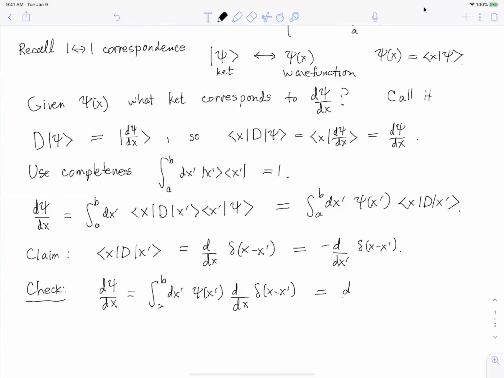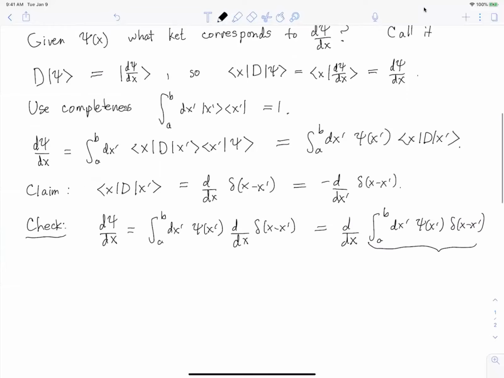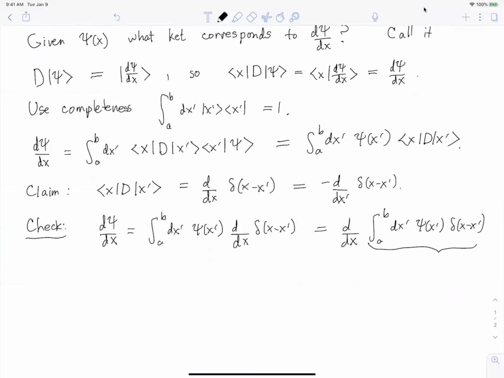So I can write my d by dx on the outside, and then I have an integral from a to b dx prime psi of x prime delta of x minus x prime. And the good thing about this integral is that by the definition of the delta function, that's nothing other than psi of x.